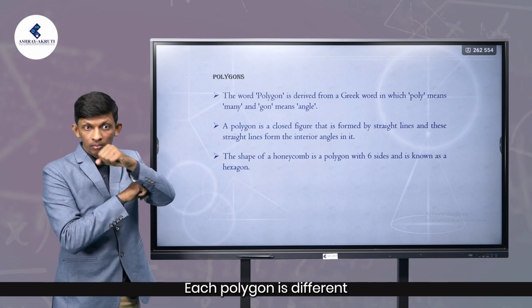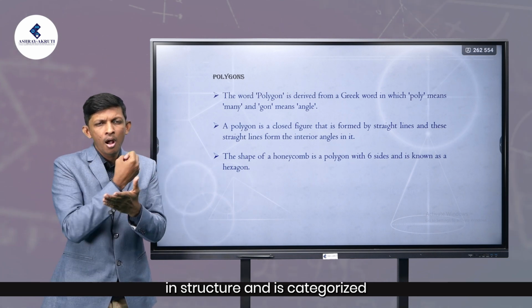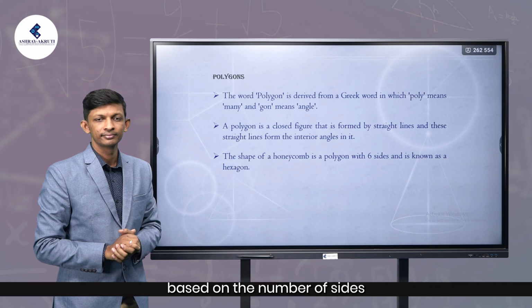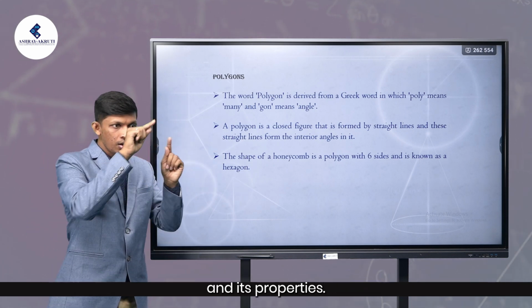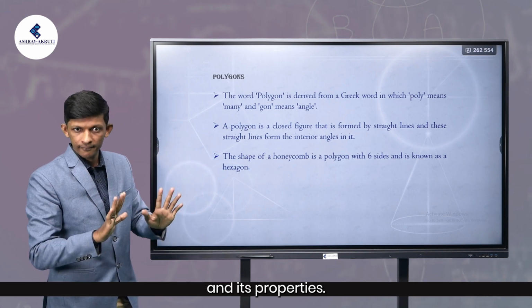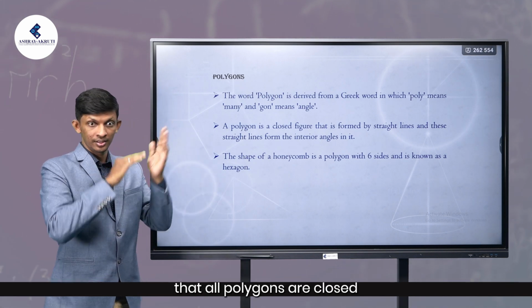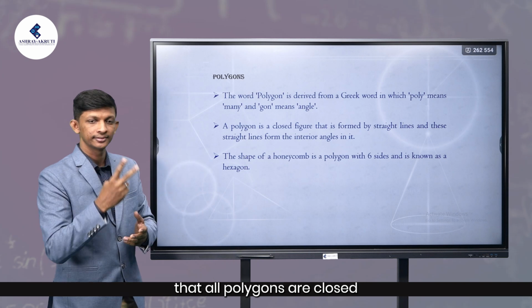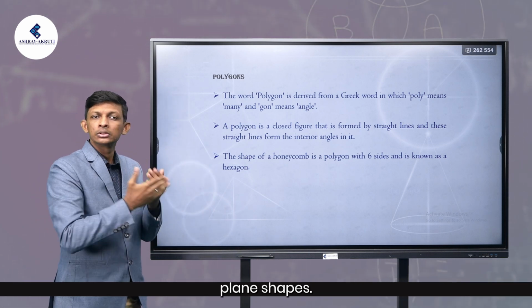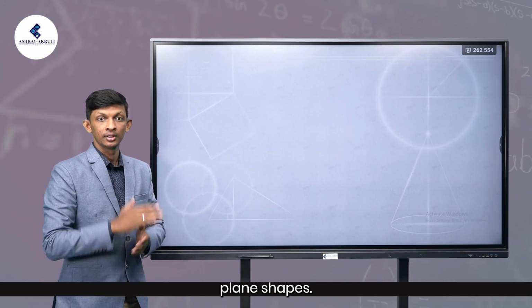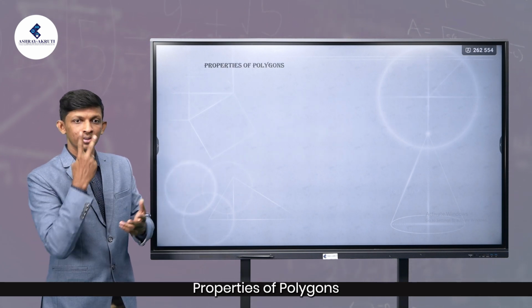Each polygon is different in structure and is categorized based on the number of sides and its properties. It should be noted that all polygons are closed plane shapes. Properties of polygons.